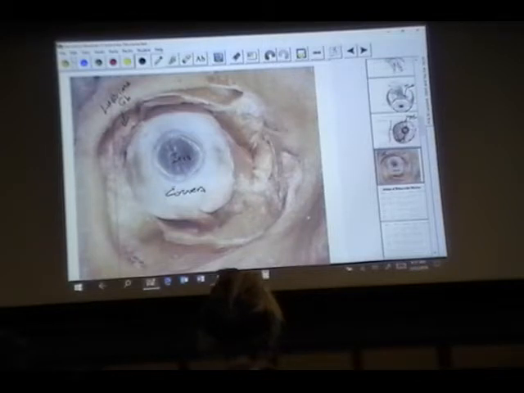Back here you can see some of the periorbital fat. Here's the levator palpebrae. It's cut away because we cut away the upper eyelid, so we don't see it attaching to anything. Here is the superior rectus.